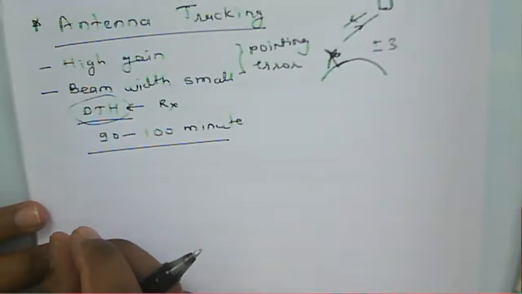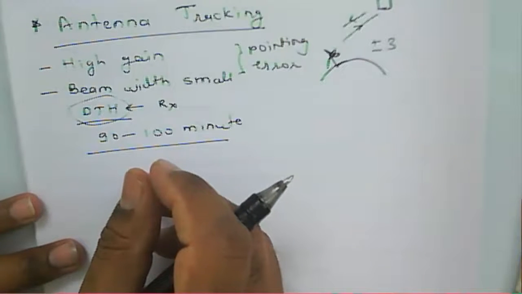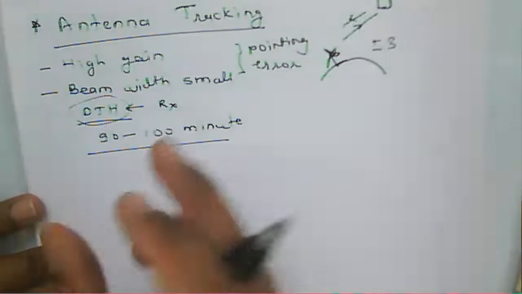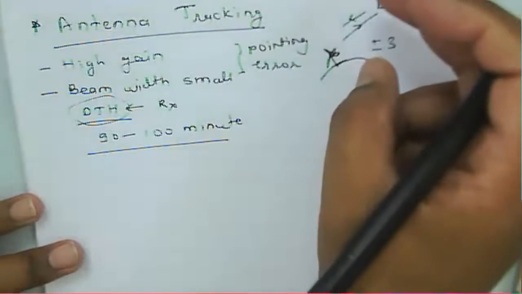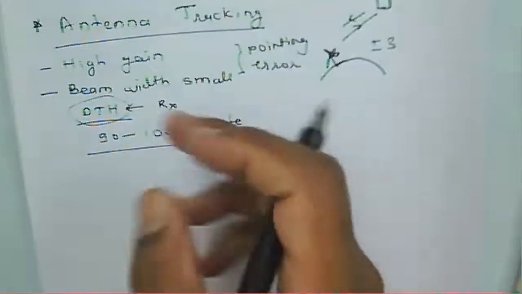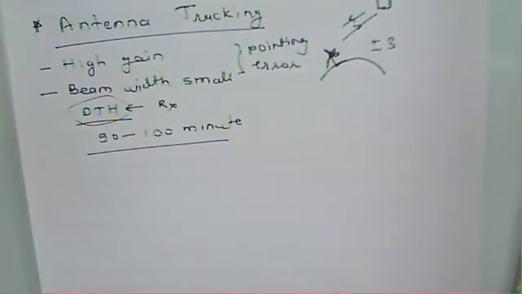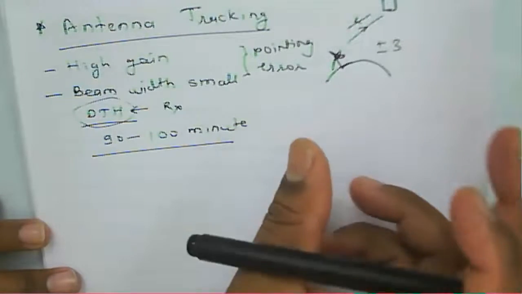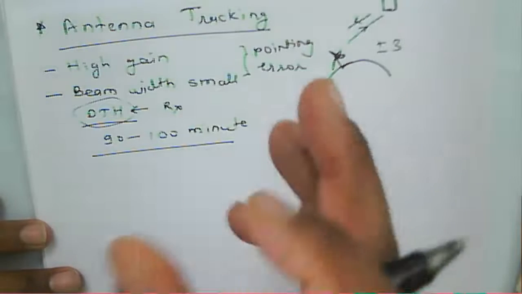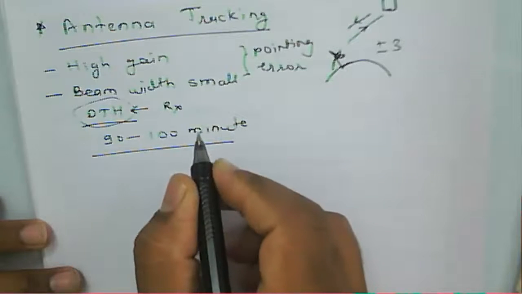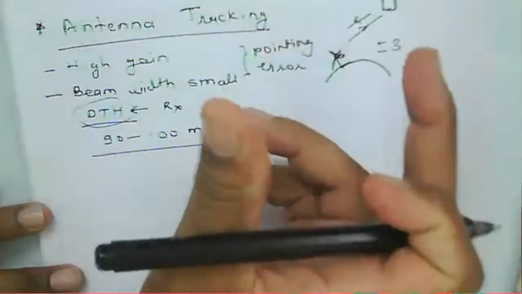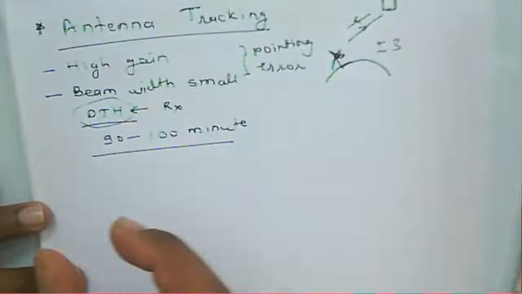In the case of large and medium Earth stations, a tracking system is also necessary because they have multiple applications. A small Earth station is used only for a specific period of time, but large and medium Earth stations again need tracking for the same purpose, because of the short duration.